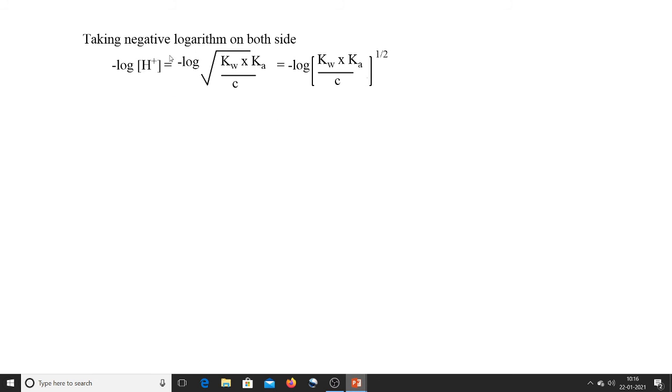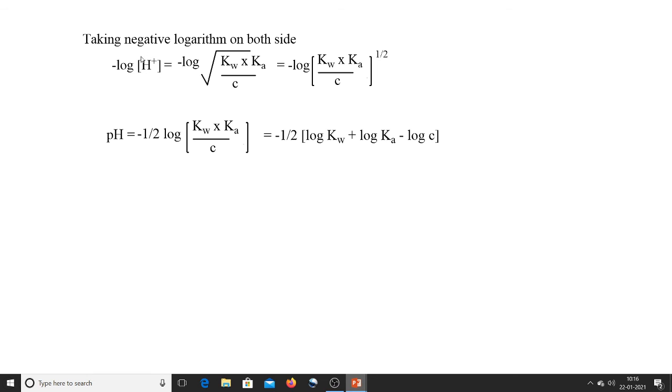Now taking the negative logarithm on both sides, minus log H plus is equal to minus log square root of Kw into Ka upon C. So we can write minus log of (Kw into Ka upon C) raised to power 1/2.